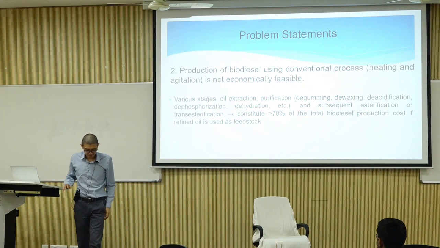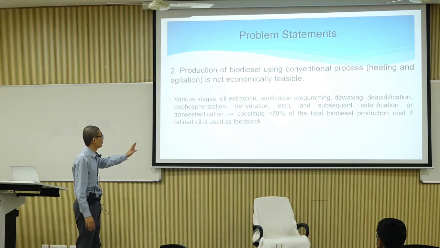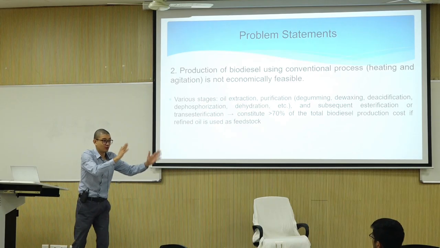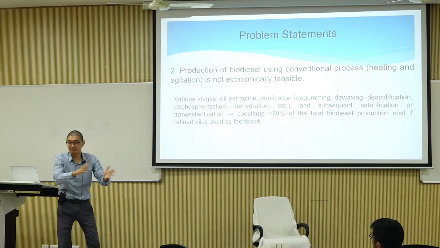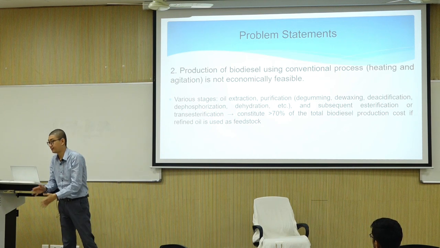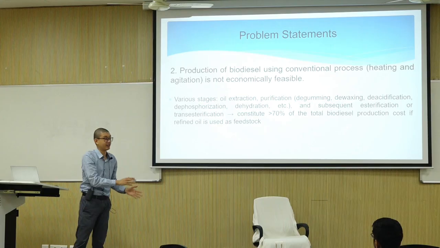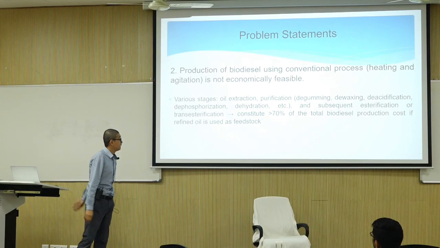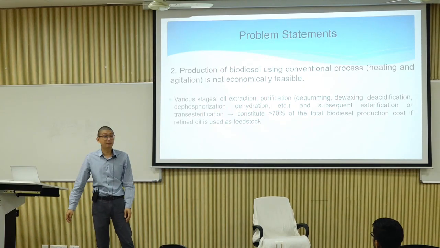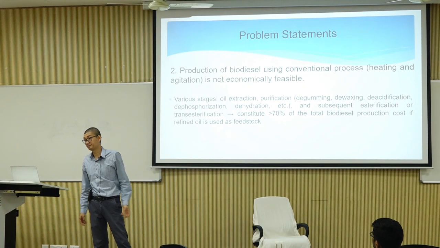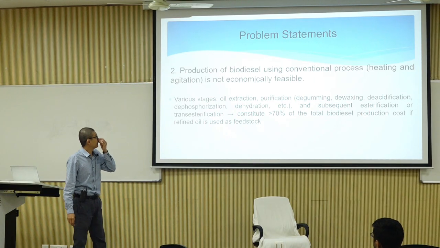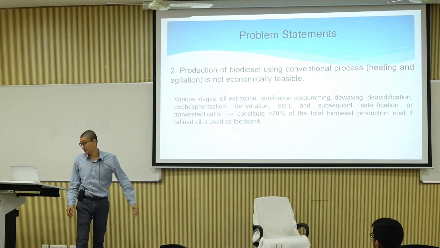The second problem statement is that the overall production process has to go through many steps: extraction, purification, esterification, transesterification, and purification. It takes around 70% of the total biodiesel production cost, making the overall cost higher. That's why this conventional process is not economically feasible.